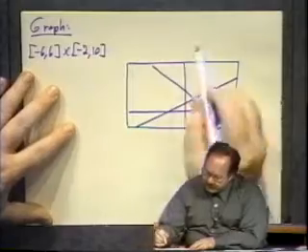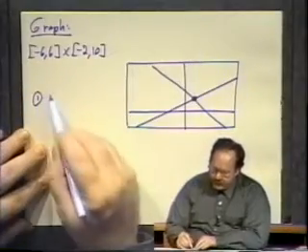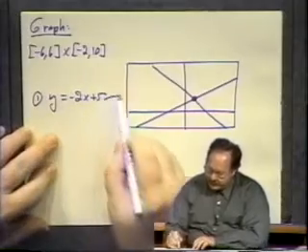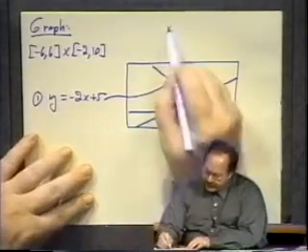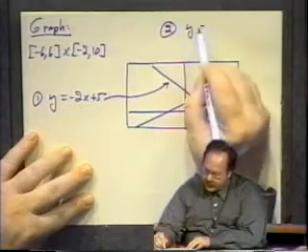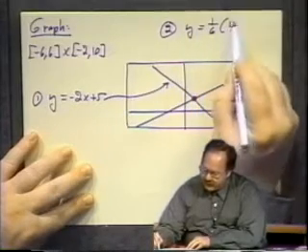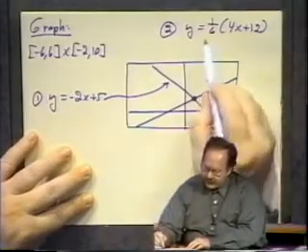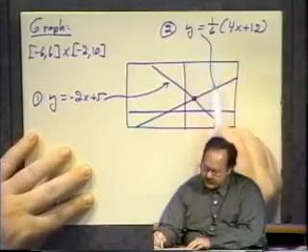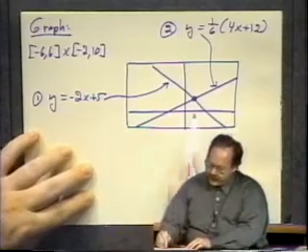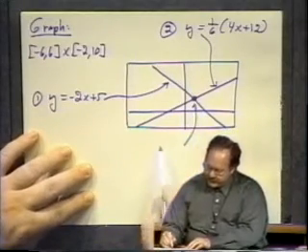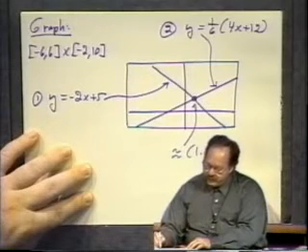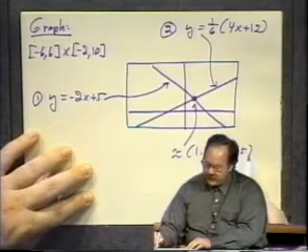Which line is which? Well, line 1, which was the y equals minus 2x plus 5 line, is this line. And line 2, which is the y equals 1/6 (4x plus 12) line, is the other line, which is this one. And what's the point? It is approximately, to 2 decimals, 1.12, 2.75.